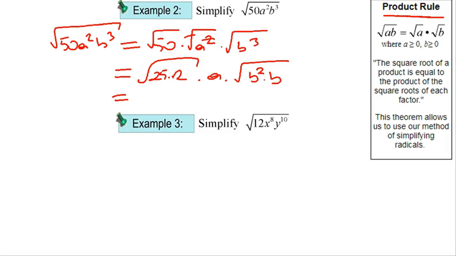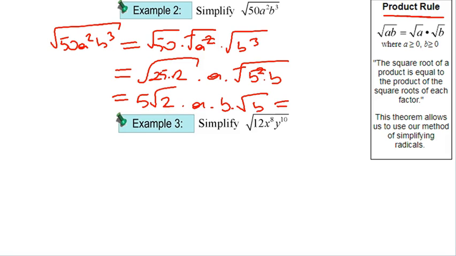We know that 25 is the perfect square of 5, so when I take the square root of 25, I get 5, and I put this 5 out front. So we have 5 square root of 2 times a. And b squared is a perfect square of b, so these cancel each other out, and b times what's left under the radical is just b.